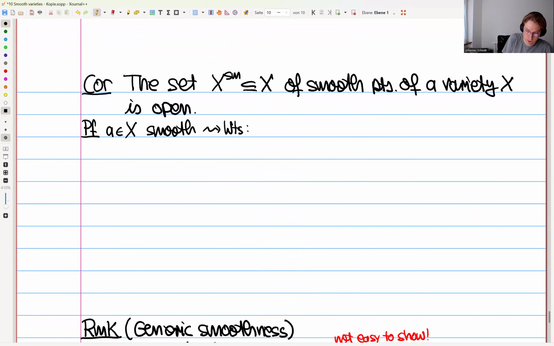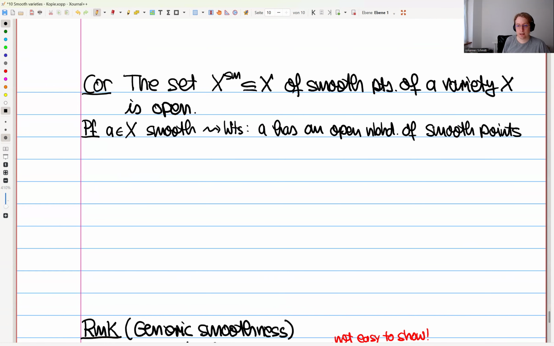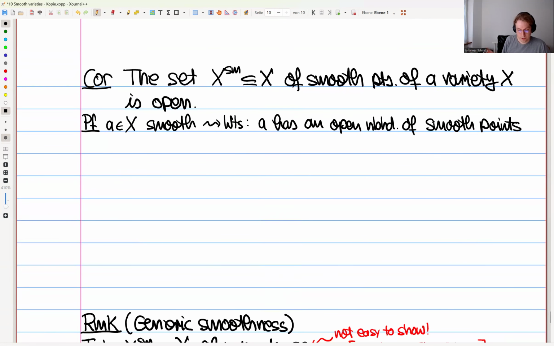So we want to show A has an open neighborhood of smooth points. And we want to get into a range where we can apply the Jacobi criterion that we like.